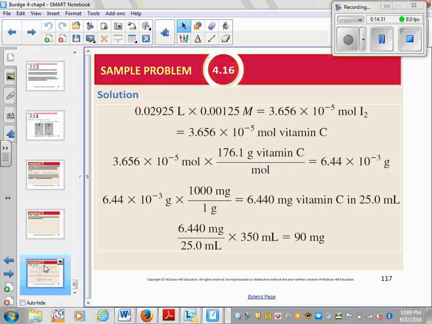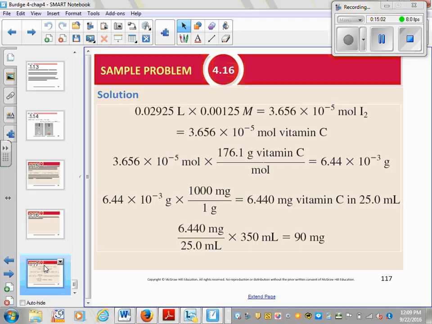And I get 3.656 times 10 to the minus 5th moles, which is what I have up there. Or instead of using the 0.025, I could use 0.350 and gone directly to how much was in the bottle, and then convert that to grams and then milligrams.